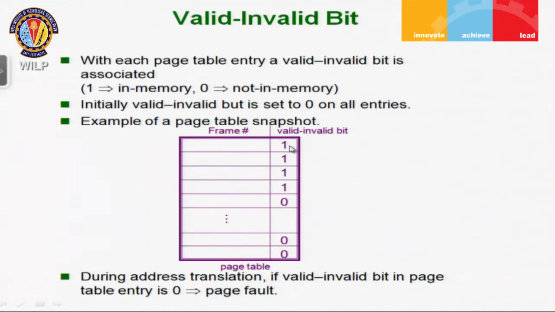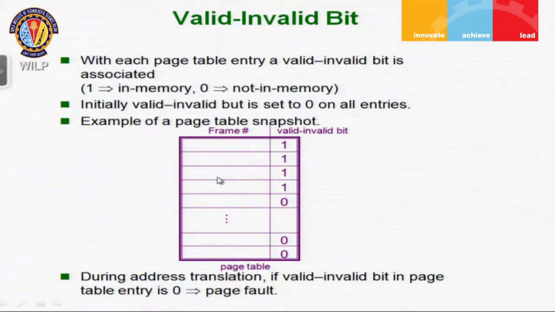If the value is 0, it means that the frame is not present in memory. So we can maintain a page table like this with a valid and invalid bit. Initially, when every frame is empty, these valid and invalid bits are initialized to 0. So all entries in the page table would have a valid-invalid bit equal to 0.